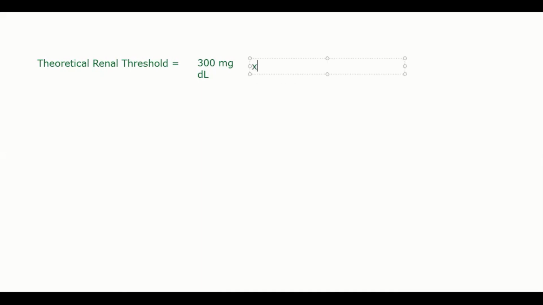We're going to multiply that by 1 deciliter per 100 milliliters, and then we're going to multiply that by our glomerular filtration rate per minute, which is how we get that value of 375 milligrams per minute as our theoretical renal threshold.